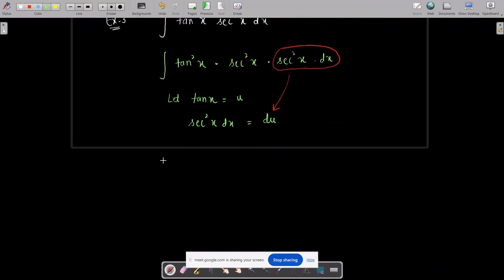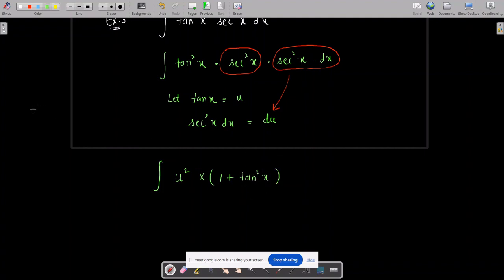So now let's put all these values in the integral. Tan square x becomes u square, and this factor which is left, these two secants, you can write as 1 plus tan square x.